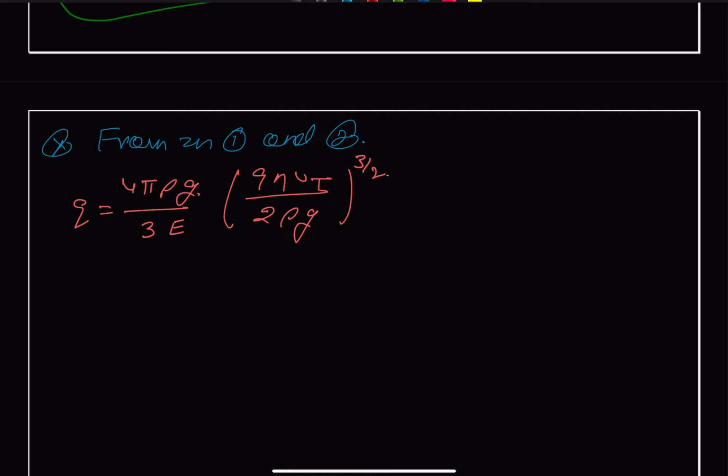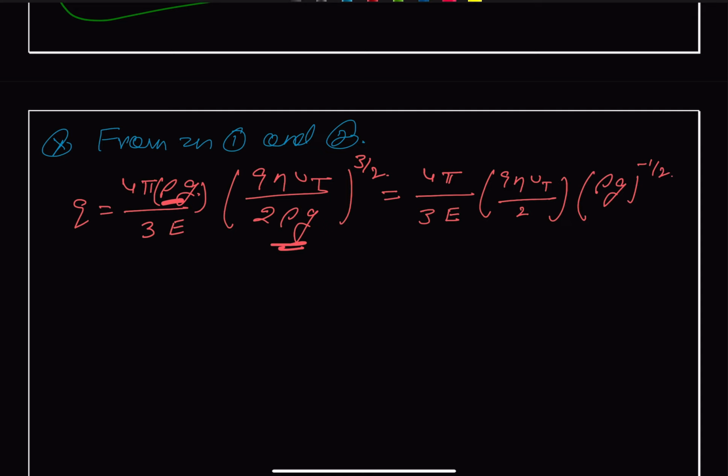We can sort this out a little bit. We can write this as 4 pi by 3E times 9 nu Vt divided by 2, times rho g whole raised to power minus 1 by 2. Not much more can be done, we simply substitute the values.